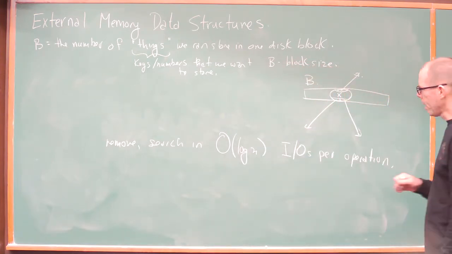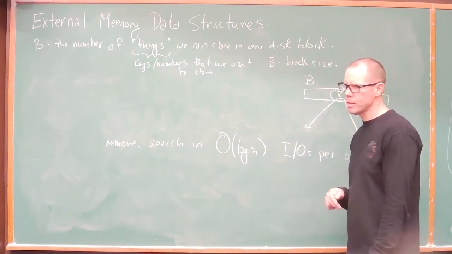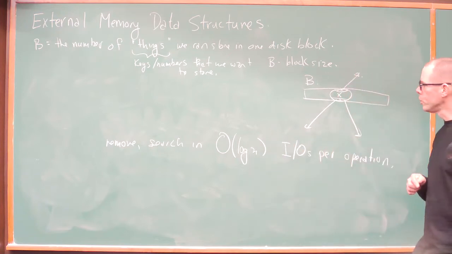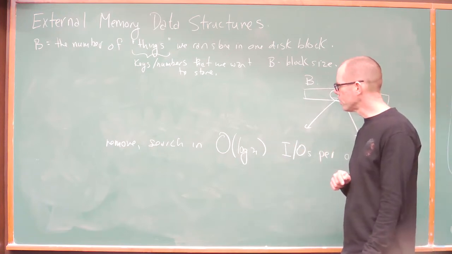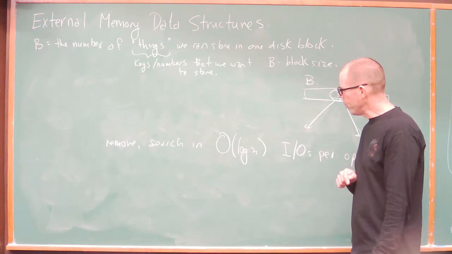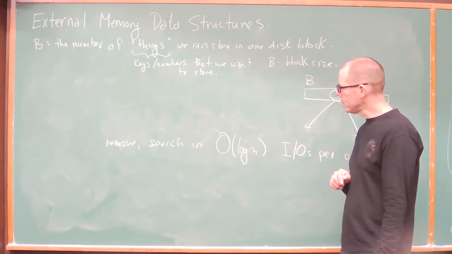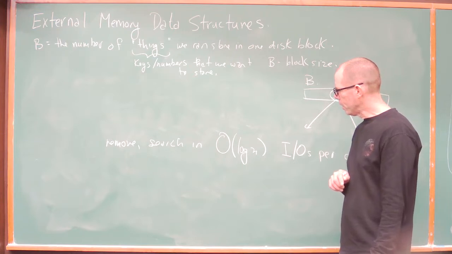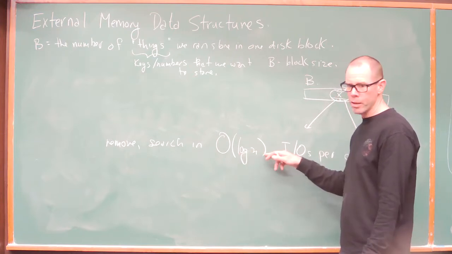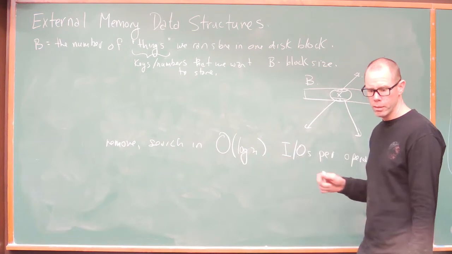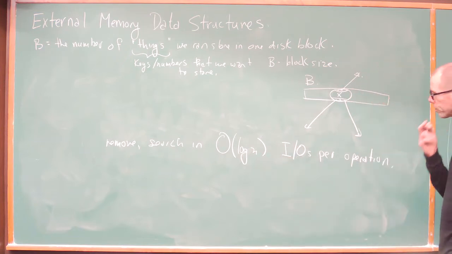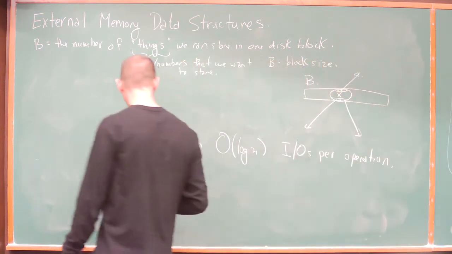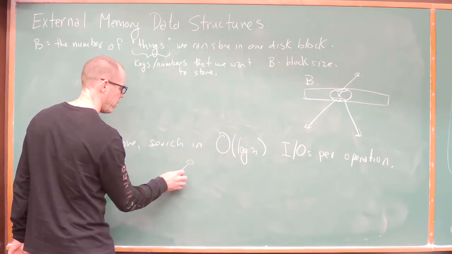And we talked about how log n is the best you can do if you're searching using comparison-based data structures. So maybe if you organize things really nicely, then instead of log n here, you could get log n divided by B. That would be great.